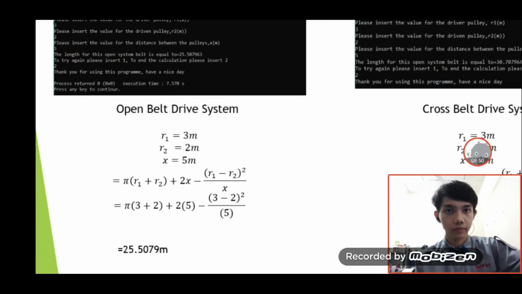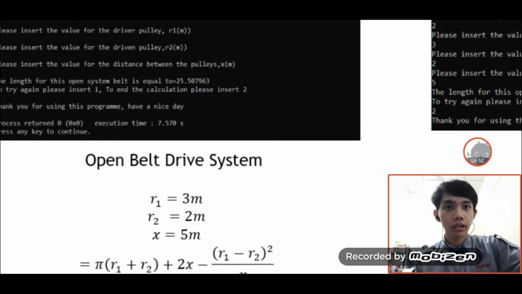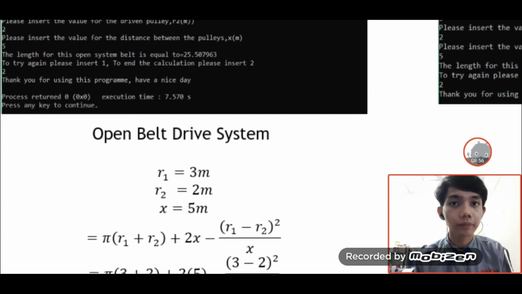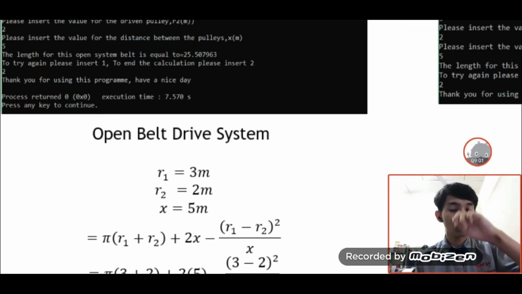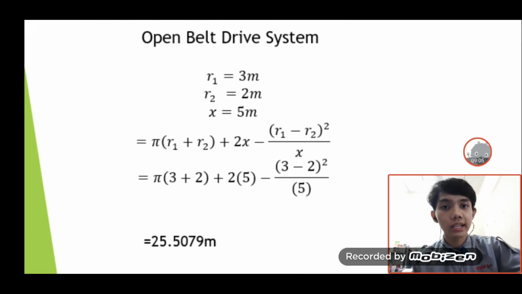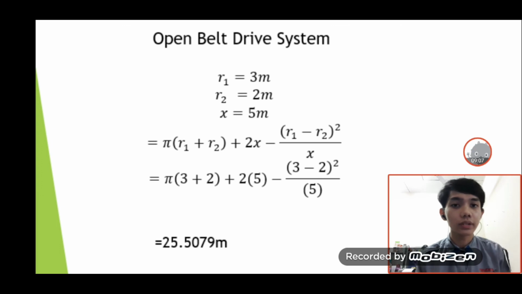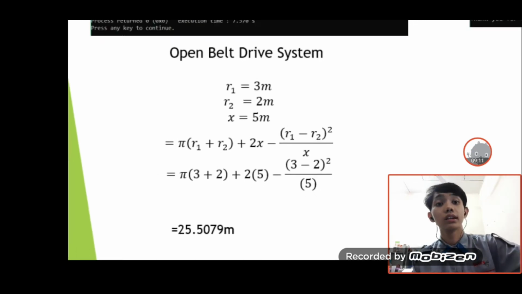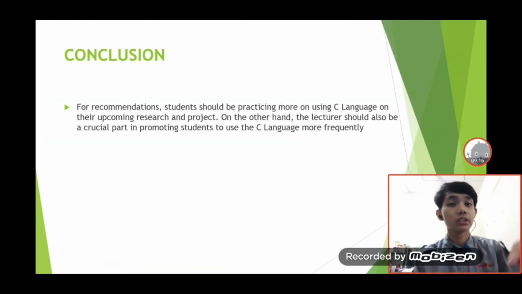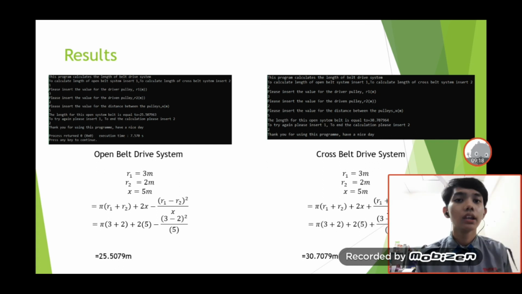As you can see, we get 35.5079 for the length of the open belt drive system using the program, while using the manual calculation we get the same result, which is 35.5079. This proves that calculating using a C program can be as accurate as calculating manually.